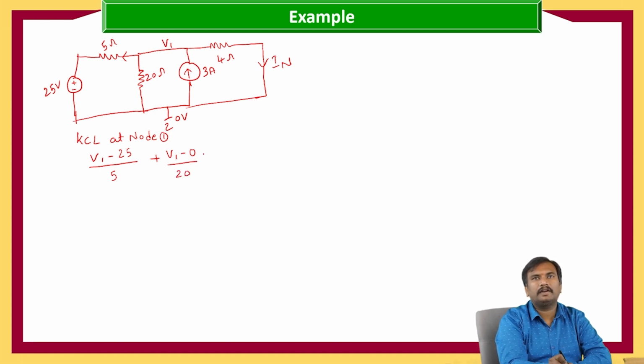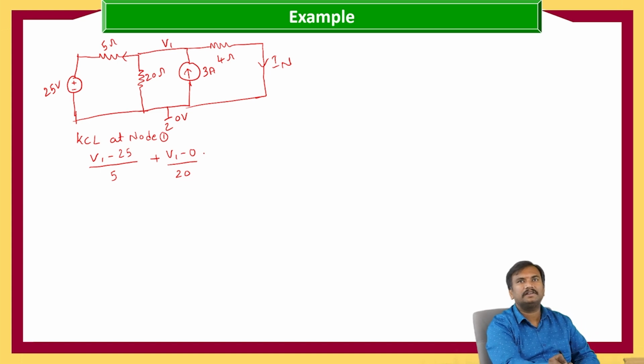And for the 3 ampere current source, our assumption is away from the node, but the current source is coming towards the node, so it is minus 3, plus V1 by 4, which is equal to 0.